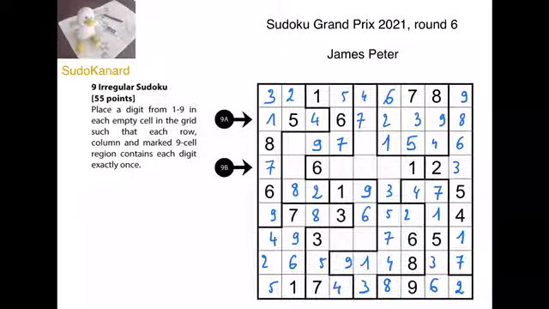Here that's 4, there's a 4 here, and a 3. We get a 2 here, a 9 there, 5, 8, 2, and an 8, and I think that's correct.